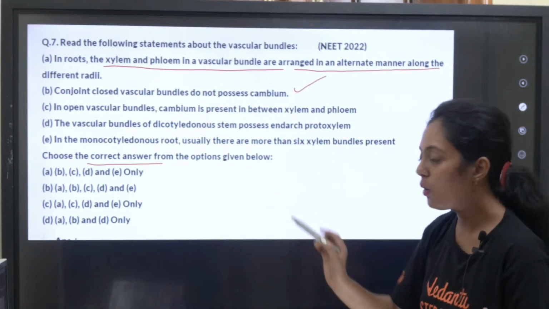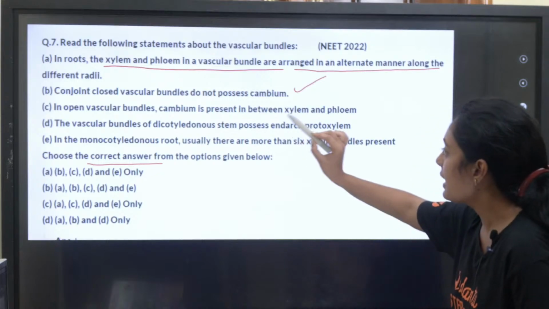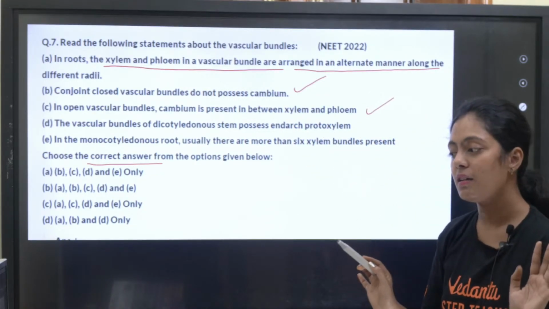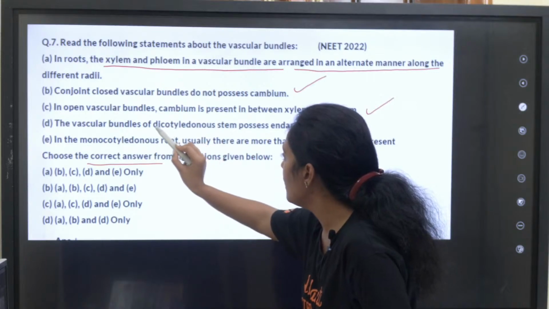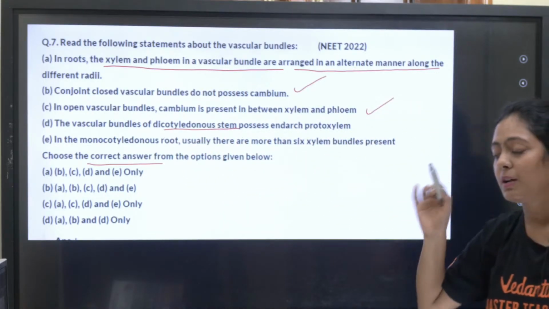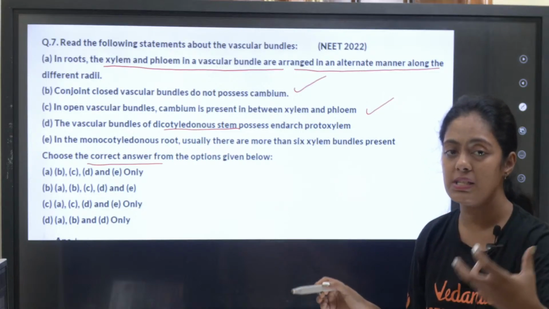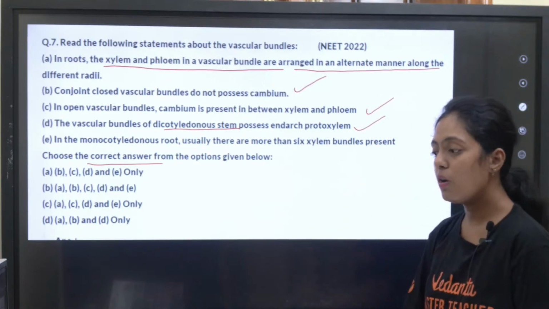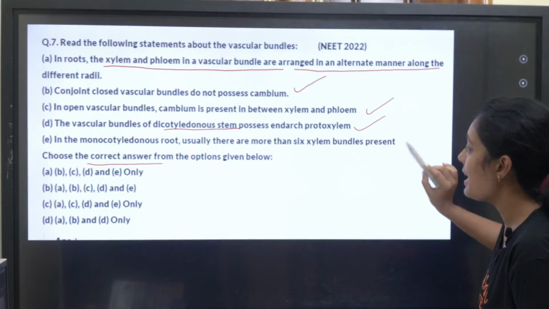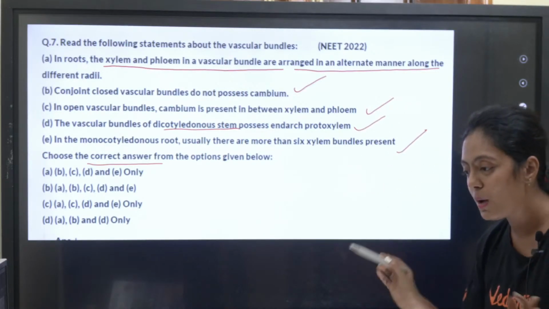Absolutely correct. In open vascular bundle, cambium is present between xylem and phloem. That is also absolutely correct. The vascular bundle of dicot stem possesses endarch protoxylem. That means protoxylem is towards the pith. Yes. In the monocot root, usually there are more than 6 xylem bundles present. This is also absolutely correct.